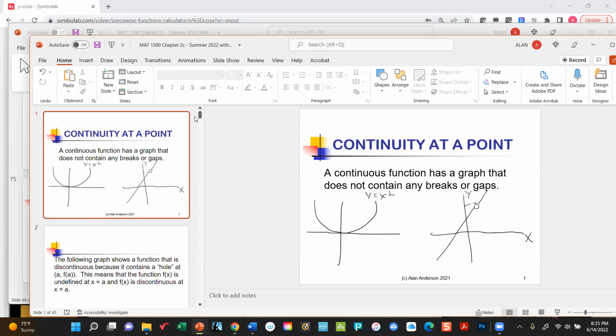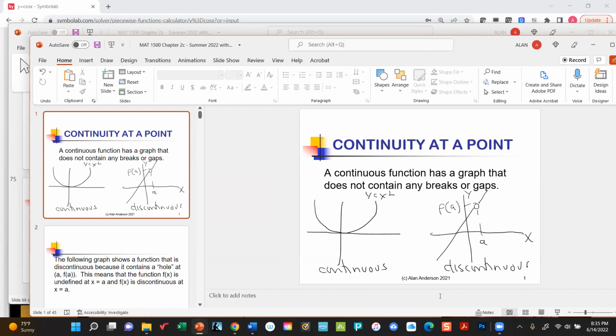It's not defined at this point. So this function is continuous. And this one is not.